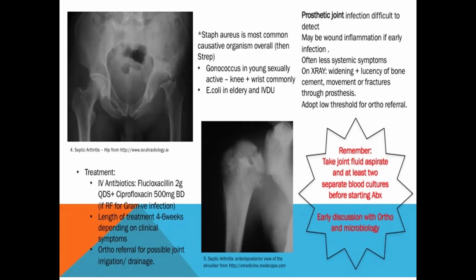Some of the regimens are flucloxacillin, Cipro. Usually the length of treatment is 4 to 6 weeks, but I'm sure there are other regimens for septic arthritis. Staph aureus is the most common causative organism. Gonococcus in young sexually active patients. E. coli in elderly and IV drug users.